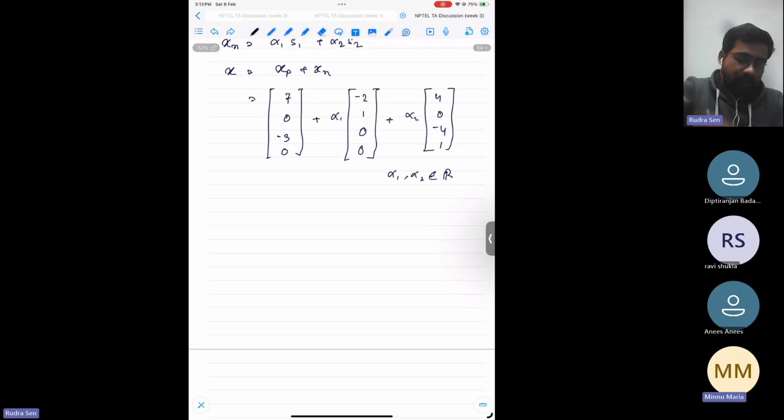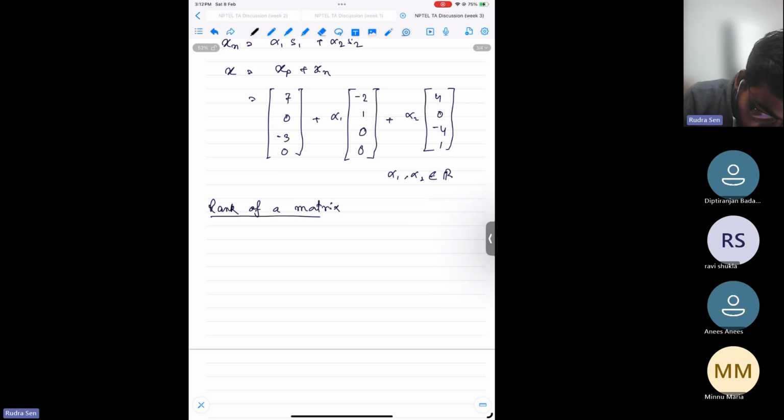From here we can talk about the rank of a matrix. We have already discussed this maybe in the first or second class. So what is the rank of a matrix? We know that the number of linearly independent columns or linearly independent rows gives the rank of the matrix.